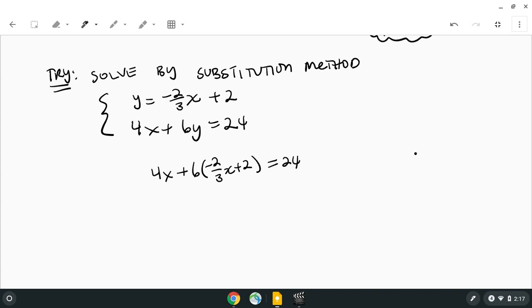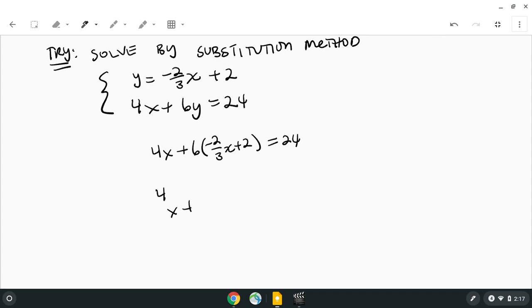Okay, and then here, 4x, oops, my screen shifted. So 4x plus, when I multiply here, this is like a 6 over 1. So when I multiply here, the 3 and the 6 actually cancel, and I get 2 times negative 2.